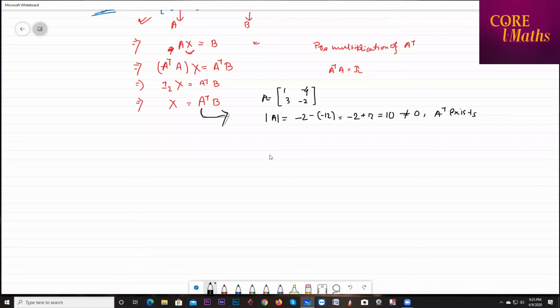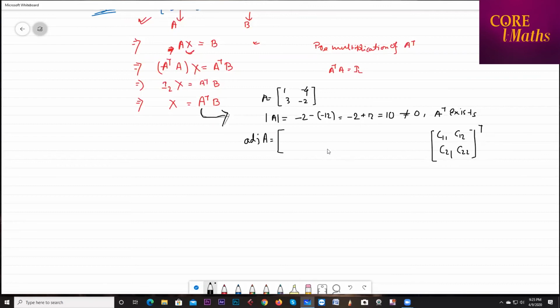Now find the adjoint of A. Adjoint of A equals, you can use the shortcut method. Also you can find C11, C12, C21, C22, and its transpose.